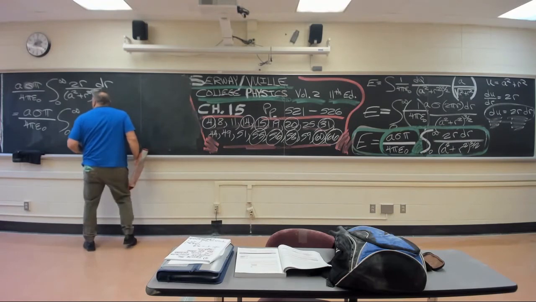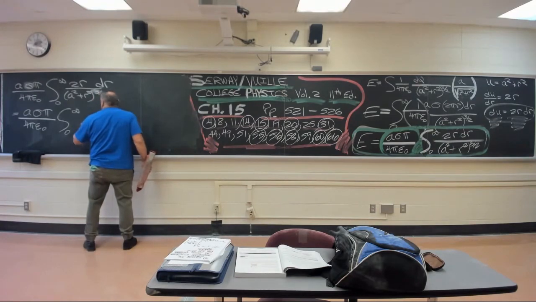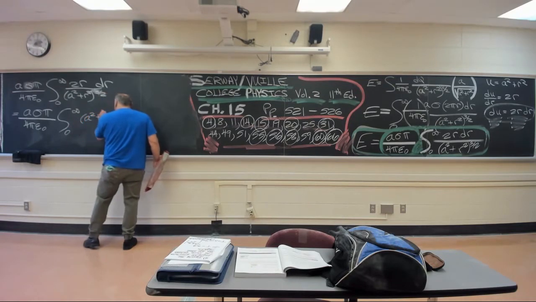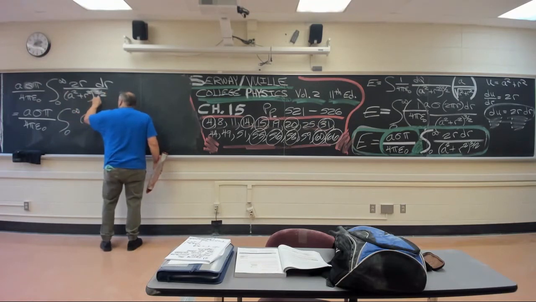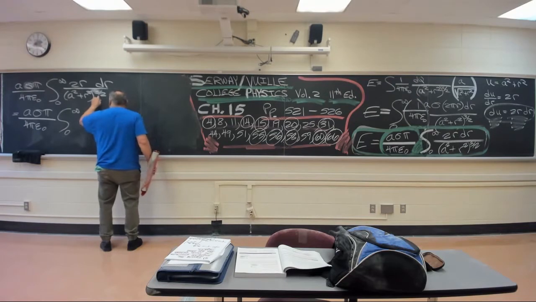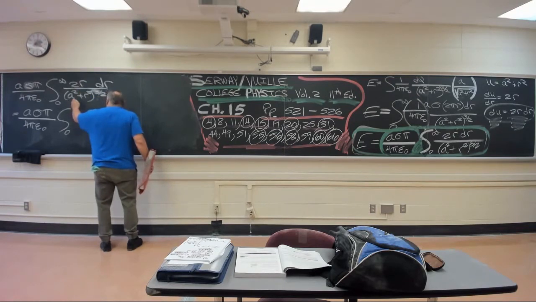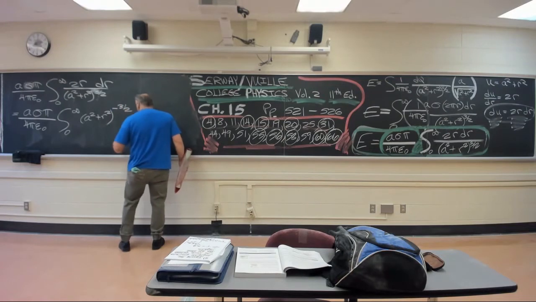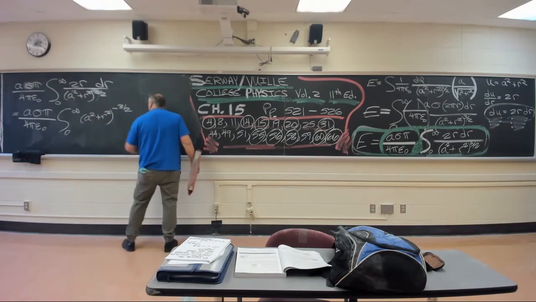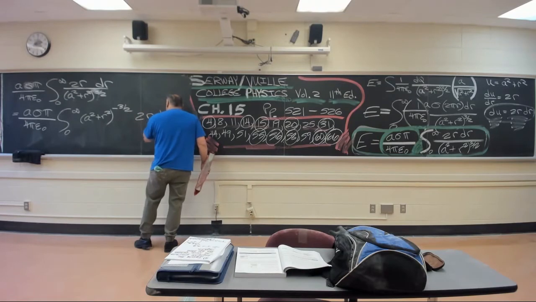And that's the same as saying 1 over the quantity a squared plus r squared to the 3/2 power, times 2r dr.